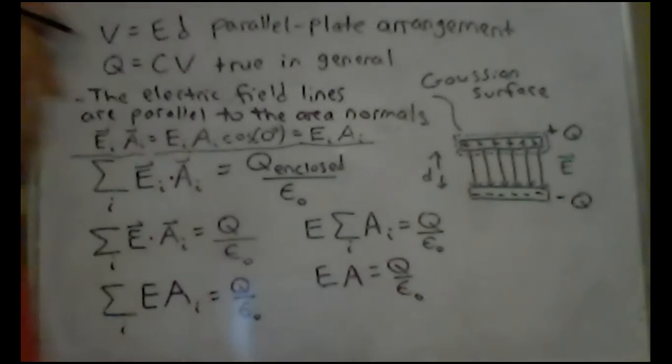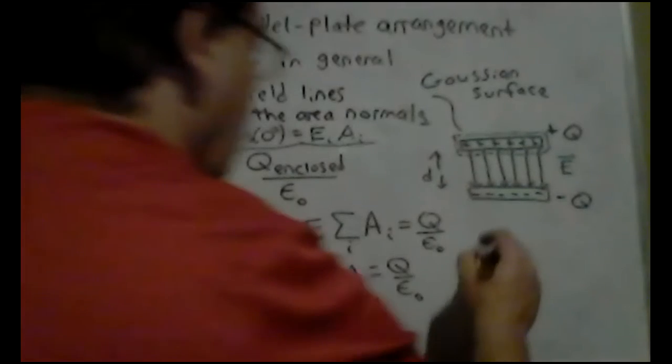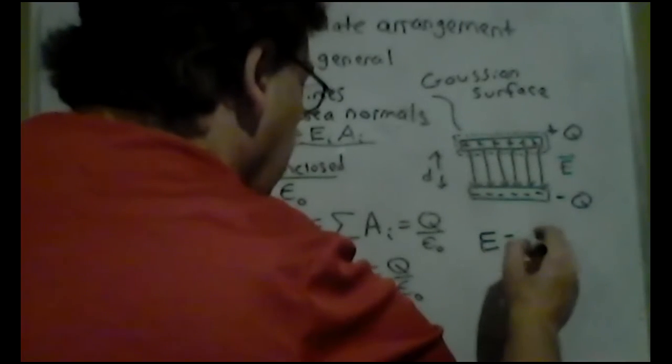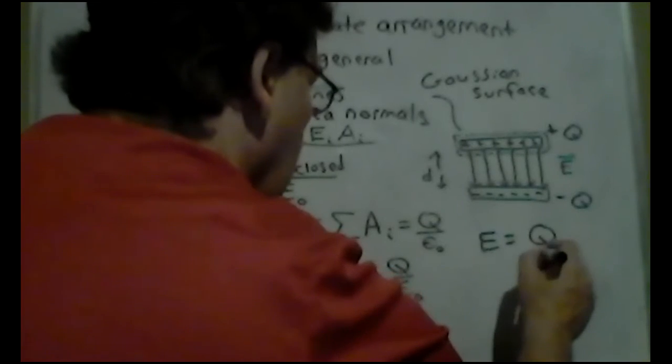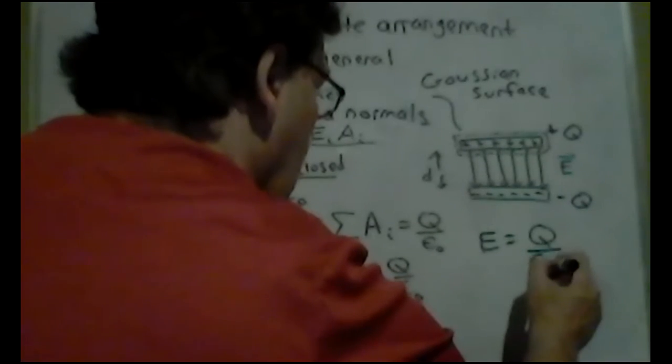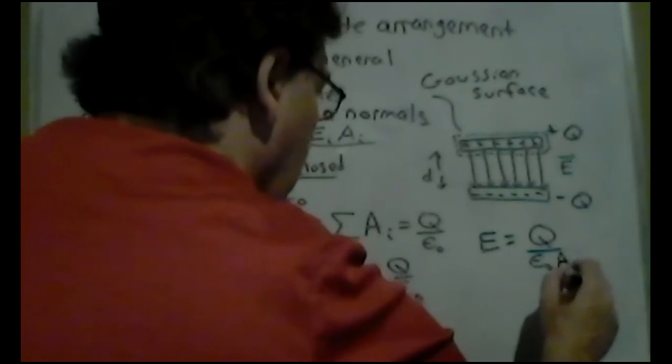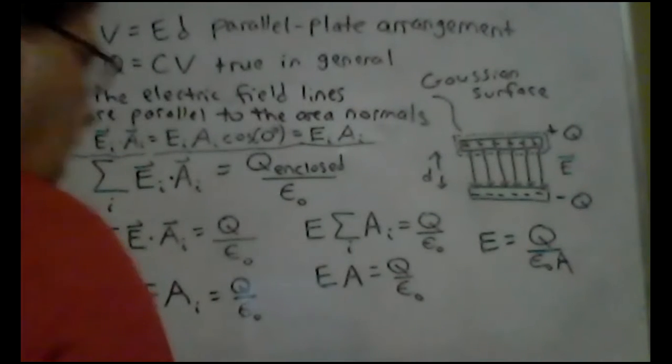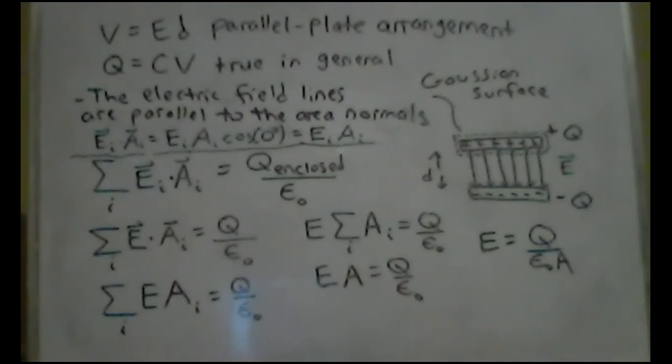So it becomes a very simple calculation because of the very high symmetry in this problem. And finally, for the parallel plate arrangement, the electric field is equal to the charge divided by epsilon naught A. In some cases, some physicists like to refer to the charge over the area as the surface charge density.